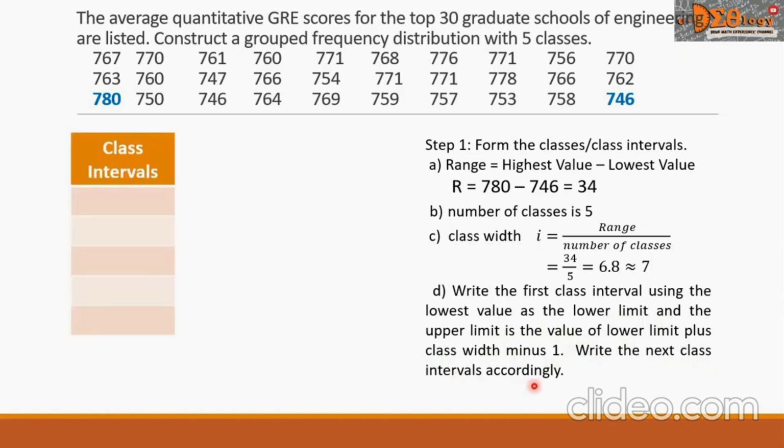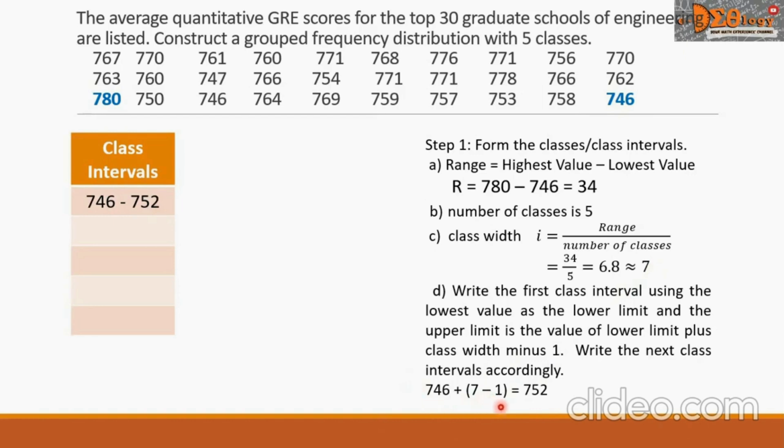At first, we need to show a column for class intervals. For our first class interval, we will write the lower limit. In this example, we will use the lowest value, the 746. That is our lower limit of the first class interval. And then, for the upper limit, the lower limit itself plus the class width, which is 7, but we must subtract 1.